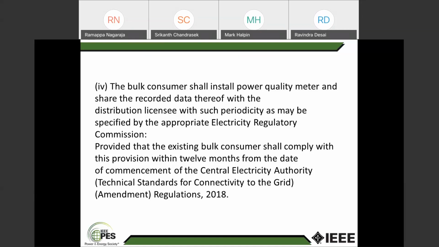But limit compliance is always assessed based on utility-owned and utility-maintained equipment. And maintenance is a big issue.